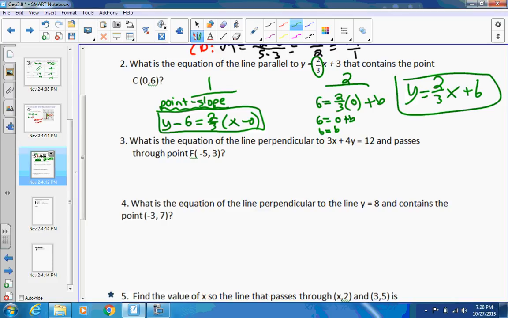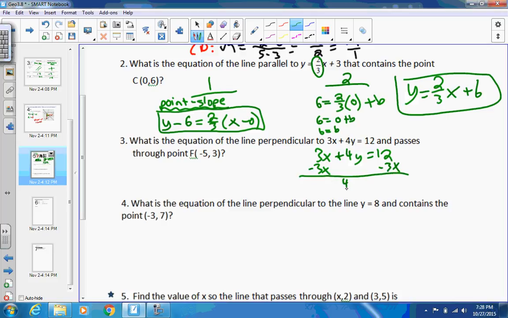And then we can just pick one of those 2 methods we did before for number 2. So if I take 3x plus 4y equals 12, I want to solve for y so it's in slope intercept form so I know what the slope is. That's probably the easiest way to figure out the slope. So I'm going to subtract 3x from both sides.